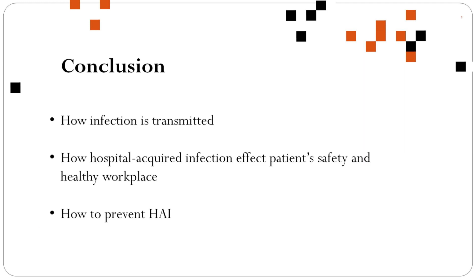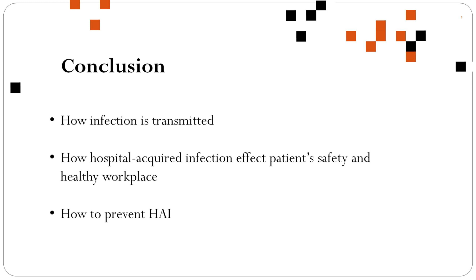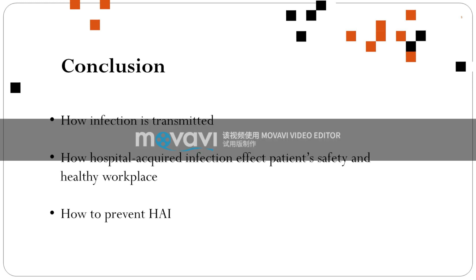This presentation has talked about how hospital-acquired infection is transmitted. Then it discussed the impact of hospital-acquired infections. It will prolong the hospital stay, increase mortality and morbidity rate, and increase healthcare cost. After that, it introduced the infection control policy and strategies that nurses should comply with to prevent hospital-acquired infection and to ensure patient safety and build up a healthy workplace.